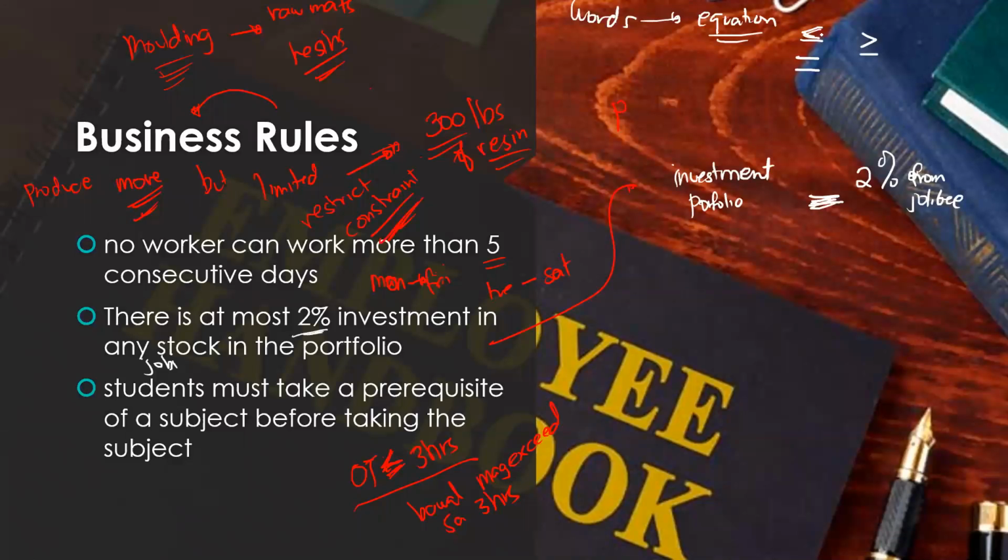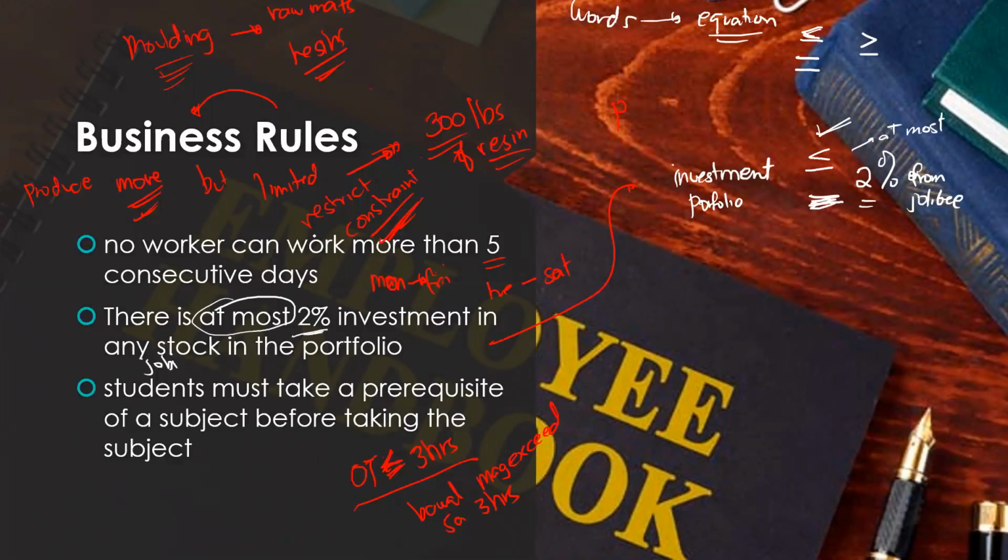Less than or equal, greater than or equal, or just equal? So the investment should be at most 2%, meaning the highest is 2%. Clear? So that's right, this should be the sign.